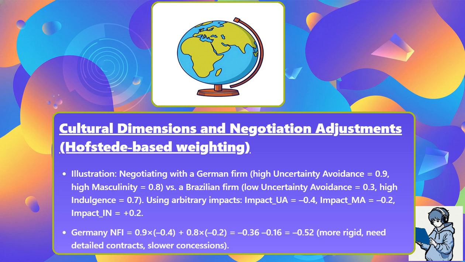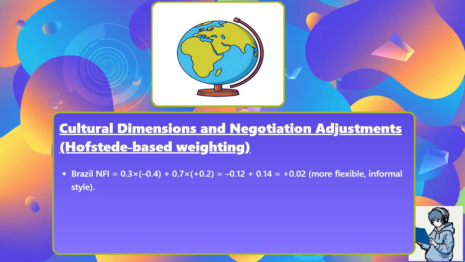Germany, NFI equals 0.9 times -0.4 plus 0.8 times -0.2 equals -0.36 minus 0.16 equals -0.52, more rigid, need detailed contracts, slower concessions. Brazil, NFI equals 0.3 times -0.4 plus 0.7 times +0.2 equals -0.12 plus 0.14 equals +0.02, more flexible, informal style.